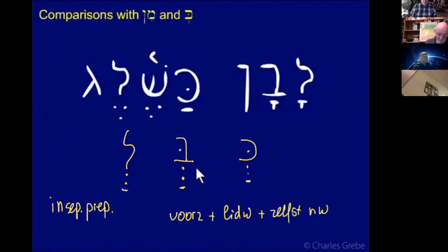Ja. Dan krijg je in dit geval dus, even uitschrijven, ke, ha, geleg. Maar dat ging niet. Dus wat gebeurt er? De he wordt weggehaald.